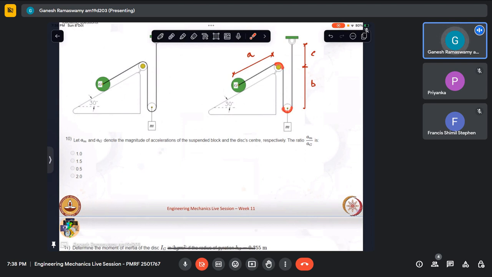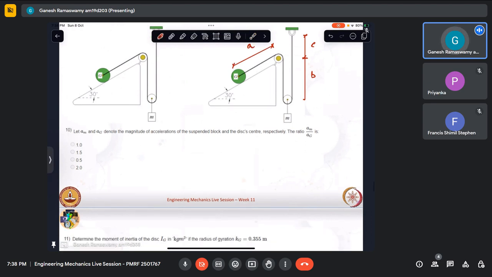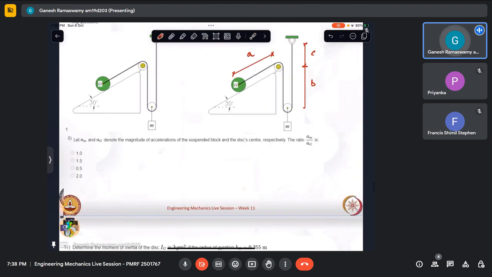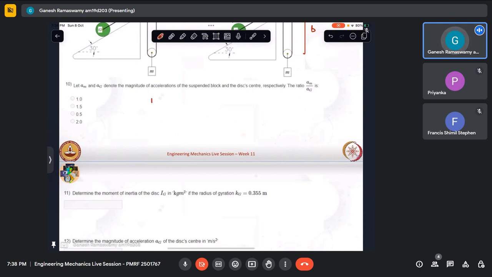Let these be some constant D. Whatever is lapped around the pulley, I'm not considering that for the time being, but that will be the same no matter what motion happens. So okay, let me consider that also. So from here, the length of the cable, is it called a cable?